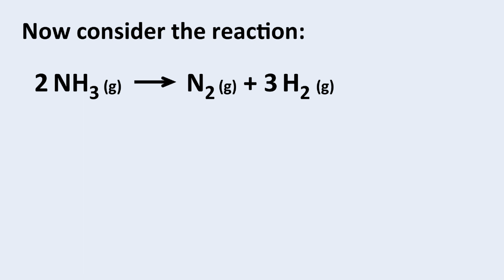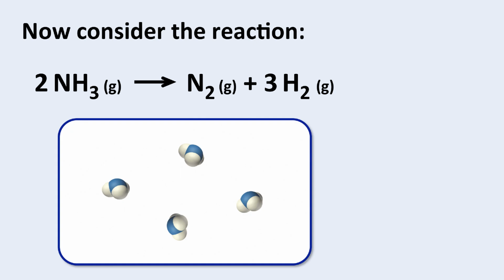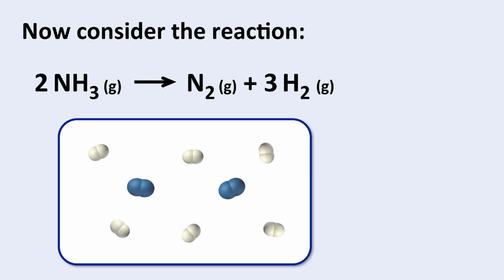Now, let's consider essentially the same reaction, but in reverse. Ammonia, NH3, making its elements nitrogen and hydrogen. And essentially we could do the same thing in reverse. If we put some ammonia, NH3, in a container in a situation where it could react, it may react to make nitrogen and hydrogen.